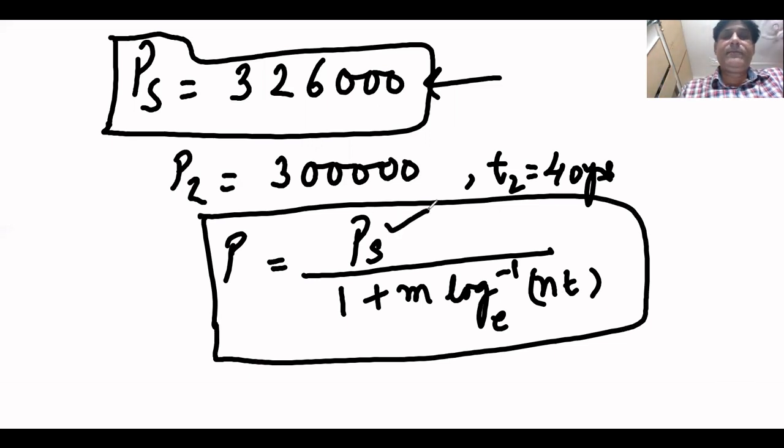You know PS, you know time slot as 20 years, you need to find out M and you need to find out this N, right? How will you find out this M and N? The formula for M and N has already been given.